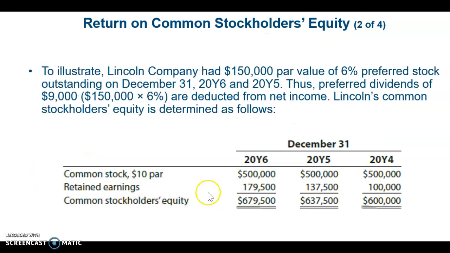So here they have $150,000 par value of 6% preferred stock. The preferred dividends, you remember you can calculate: 150,000 times 6% would give you the preferred dividends, and we're going to deduct those from net income.